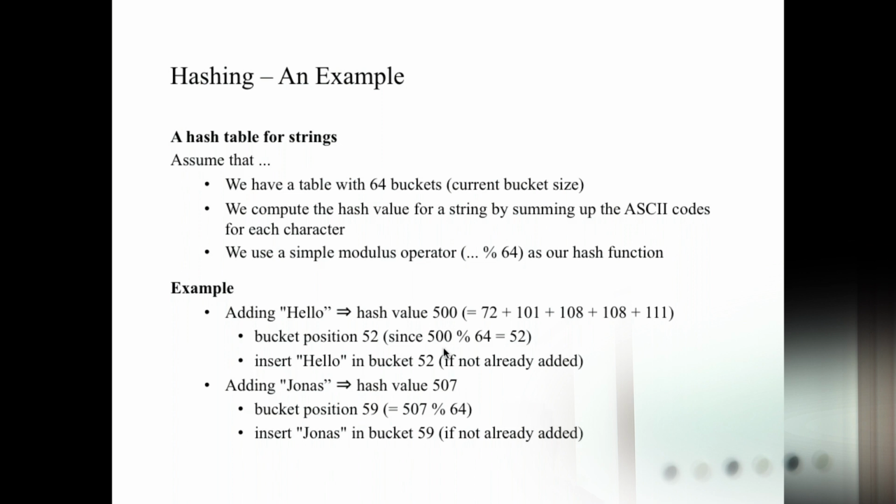And then we know that the size of our hash table is 64. There are only 64 positions. So we can use the modulus operator to find out where we should fit this. The modulus will give you values in the range from 0 up to less than the number with which you are dividing.